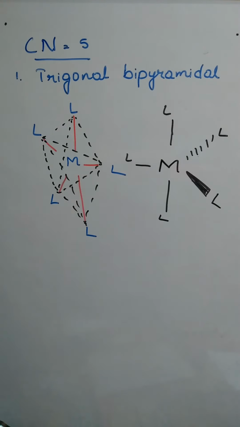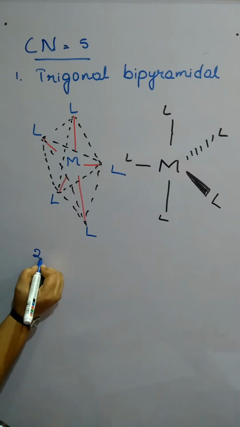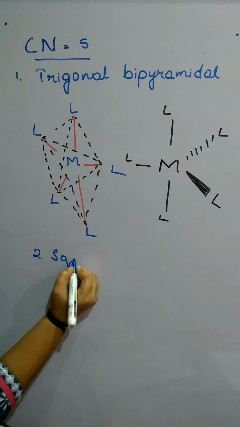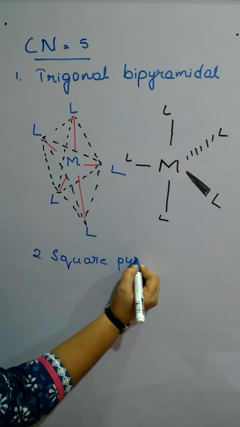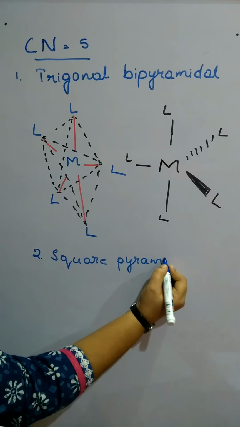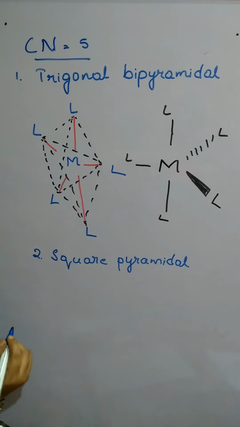That is square pyramidal. With coordination number 5 only, the next one is square pyramidal. In square pyramidal, how they are arranged, we shall see.